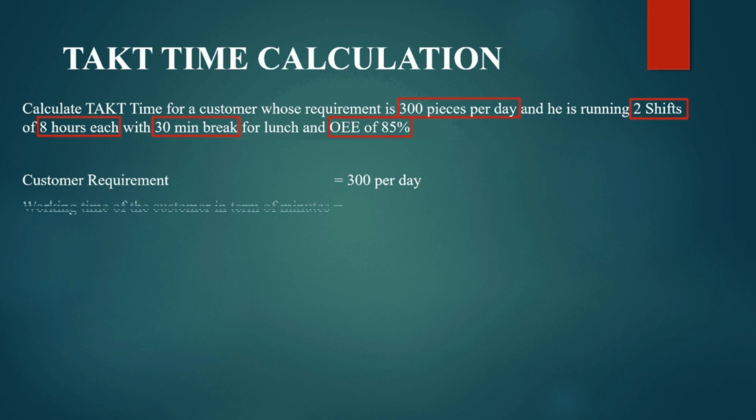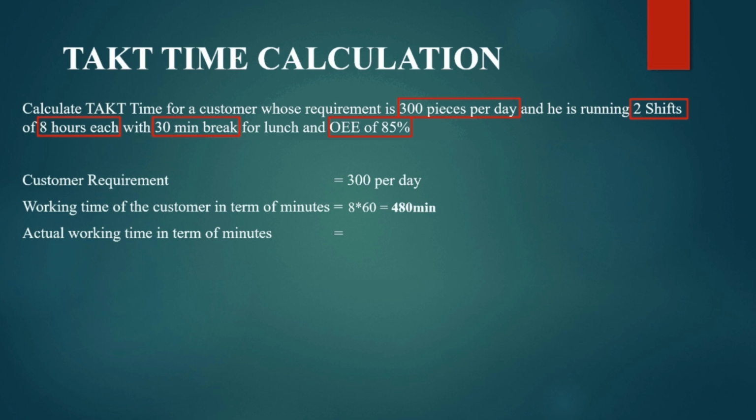The working time of the customer in terms of minutes: 8 hours is converted into minutes, 480 minutes. Then we need to subtract any breaks which are given to them. In this case, it is mentioned 30 minutes break for lunch, that is 450 minutes. Now considering 2 shifts and the OEE, which considers the performance, the availability of the machines and the quality of the products, so this is at the customer end.